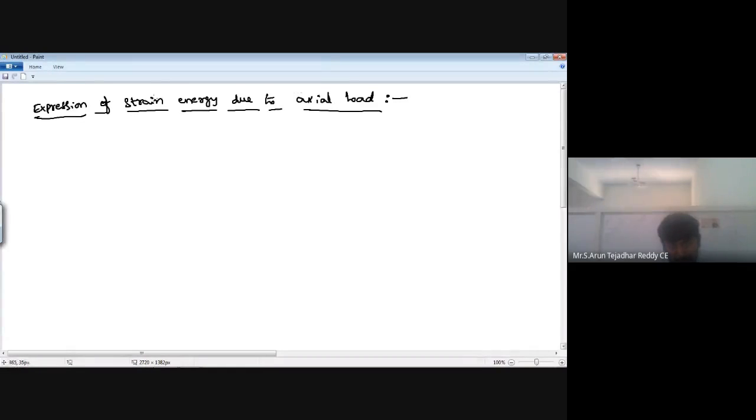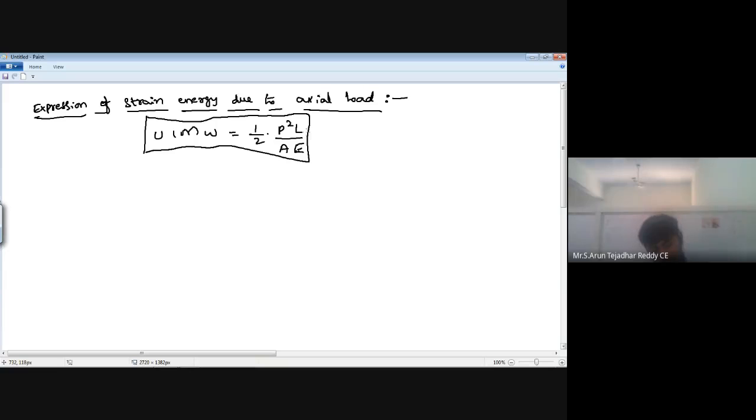U or W, whatever it may be, is 1 by 2 P square L by A E. Strain energy due to axial load is equal to 1 by 2 P square L by A E. Actually, this is our expression.